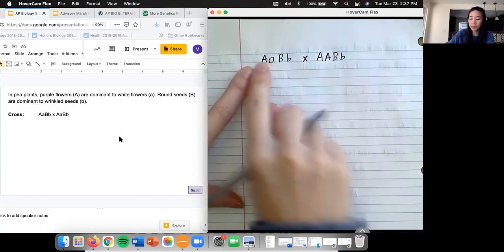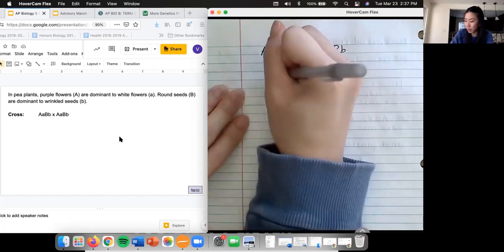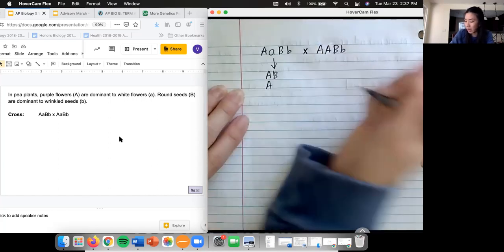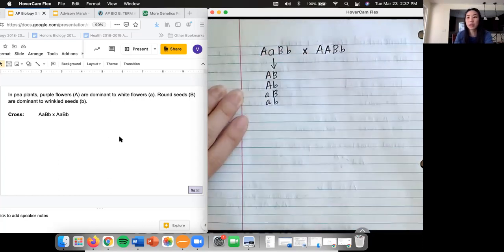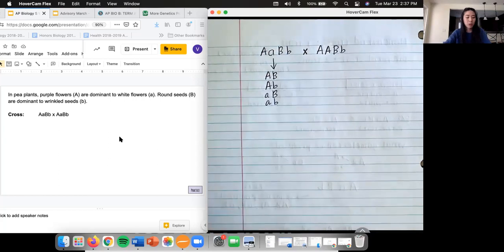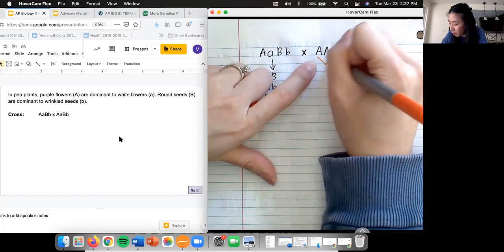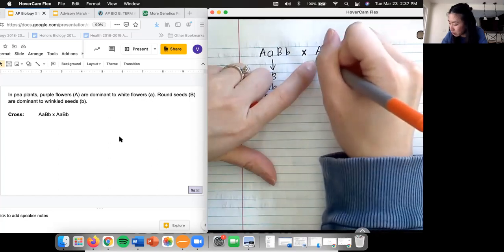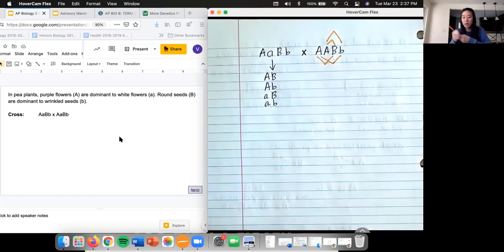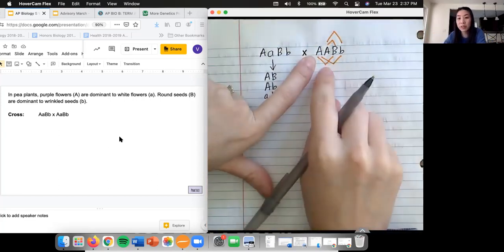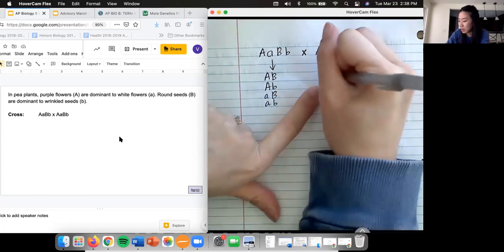Now for the first one, we're still going to get those same 4 gametes that I showed you. So big A, big B, big A, little b, little a, big B, little a, little b. For this one though, we're doing all these combinations still, but if you look at it, since the first gene there is homozygous, big A, you can simplify.